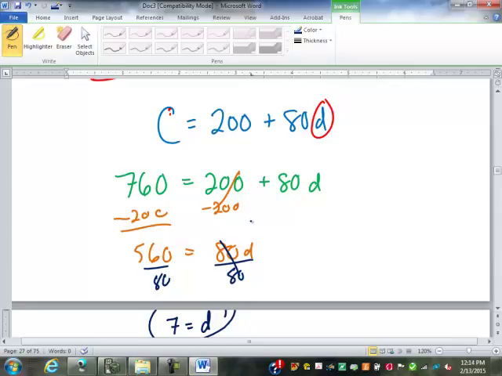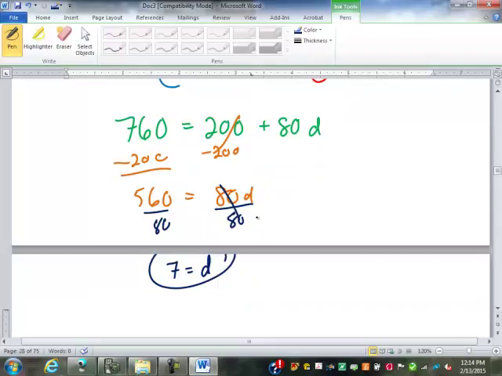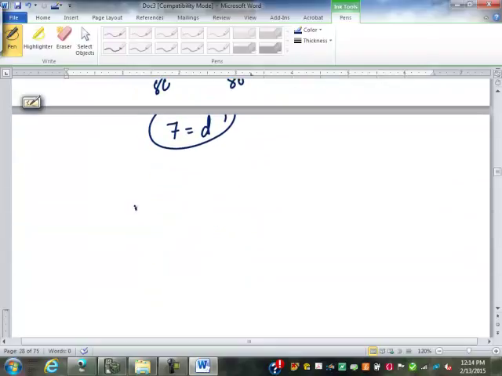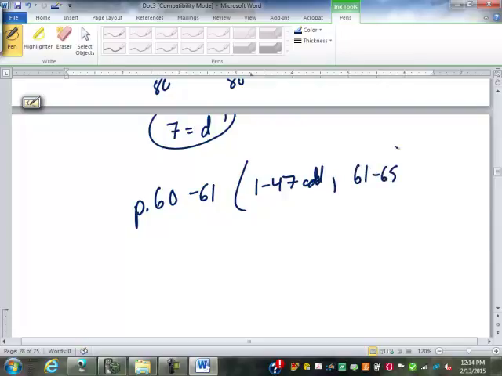Okay, that's pretty much all I have for today, so I'm going to give you some pages to work on. In your book, pages 60 through 61, there's 1 through 47 the odd, and then jump up to 61 through 65. Then on page 67 through 68, we are looking at 1 through 27, the odds.